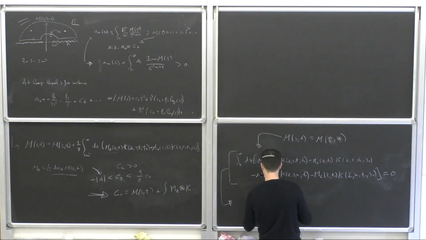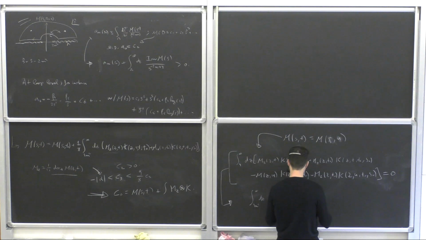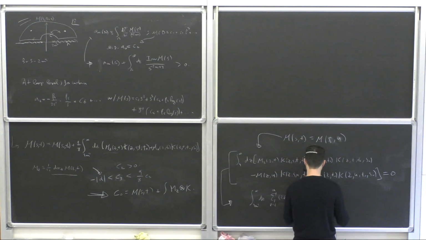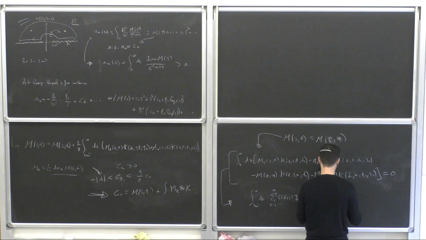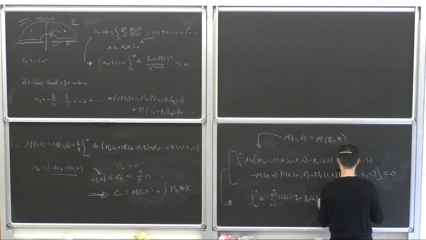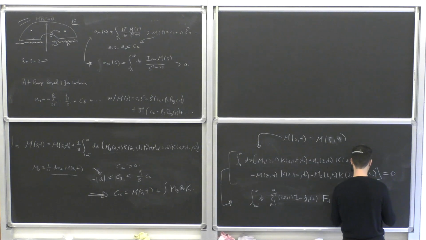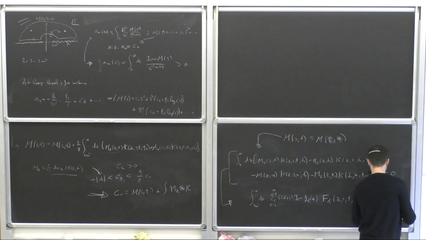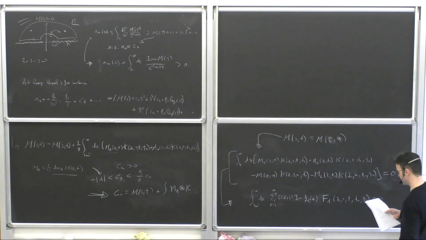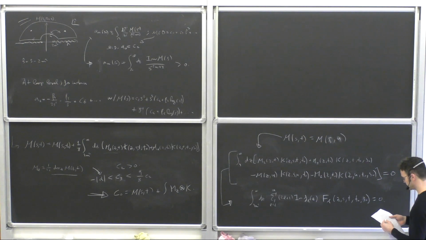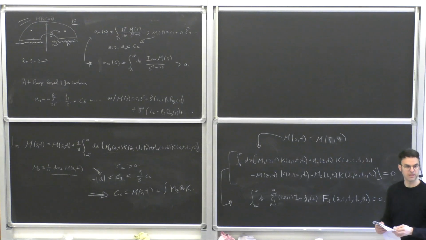We get the integral from 4m squared to infinity of dz, the sum from L equals 0 to infinity of 2L plus 1, times Im a_L of z and a kernel, equals 0. Now the kernel, I'm not going to write it down in full detail.